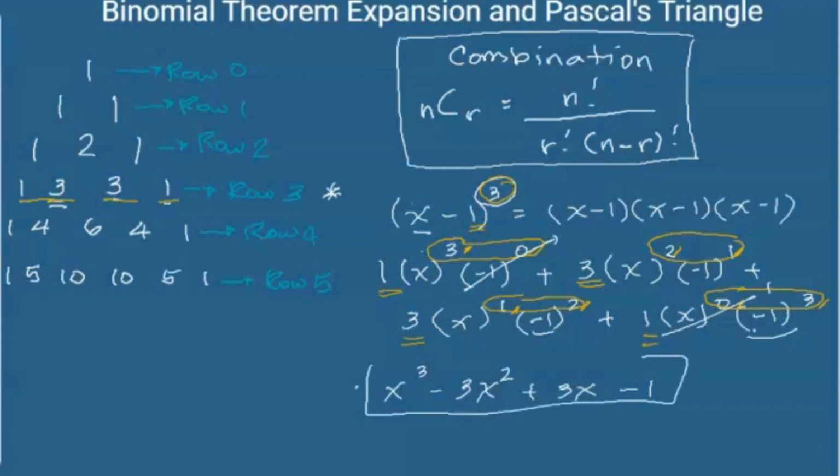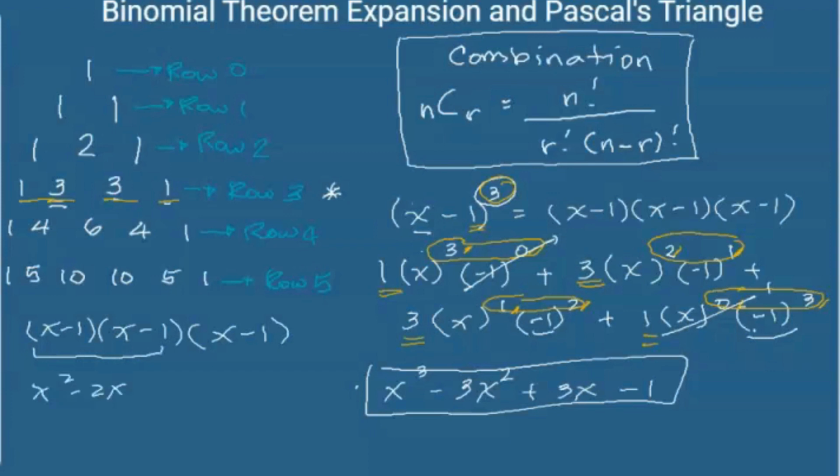Okay, let's check this using the FOIL method. So we have x minus 1 times x minus 1, so let's start with this. This is x squared minus 2x plus 1. Multiply this by x minus 1.